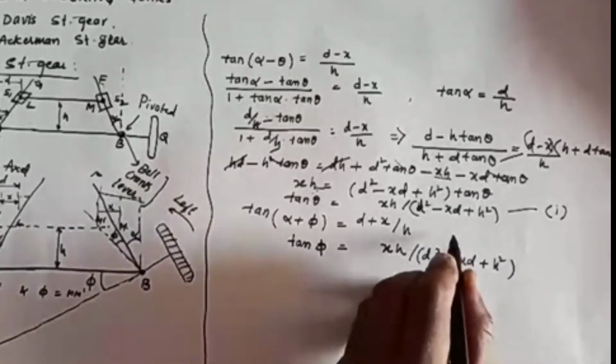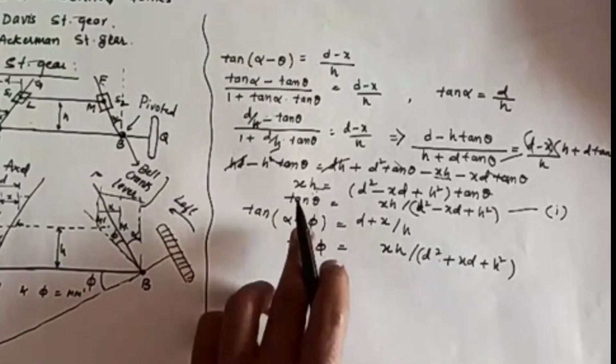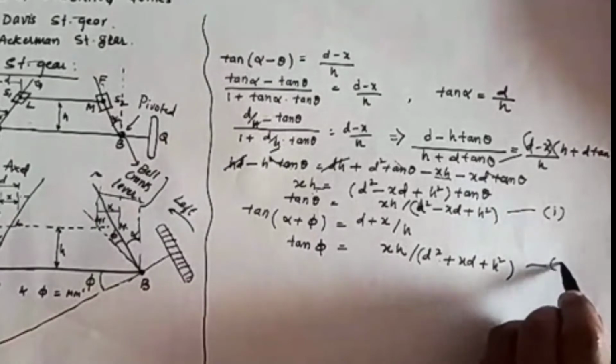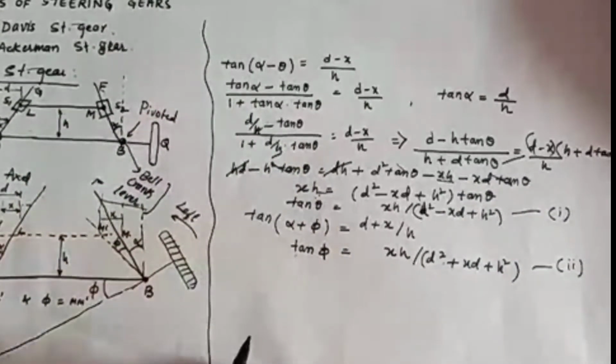You will get this minus into plus in case of this one. Let us say this is equation number 2. If you want, you can follow the same procedure to get this value.